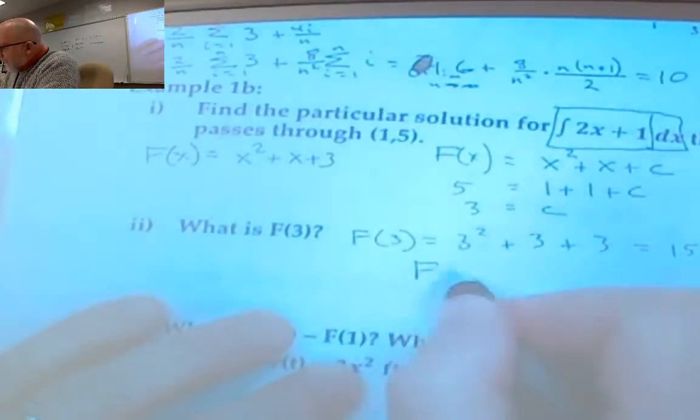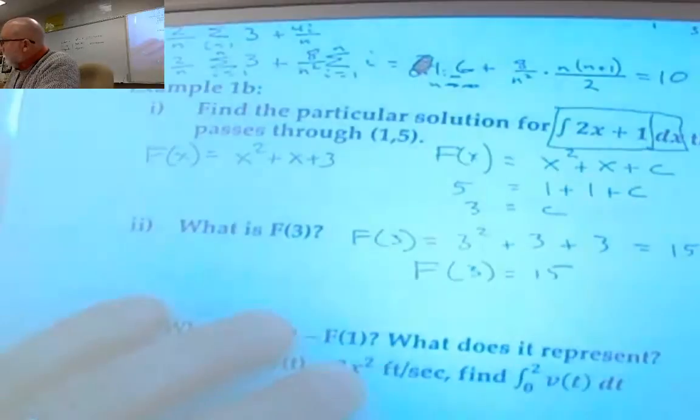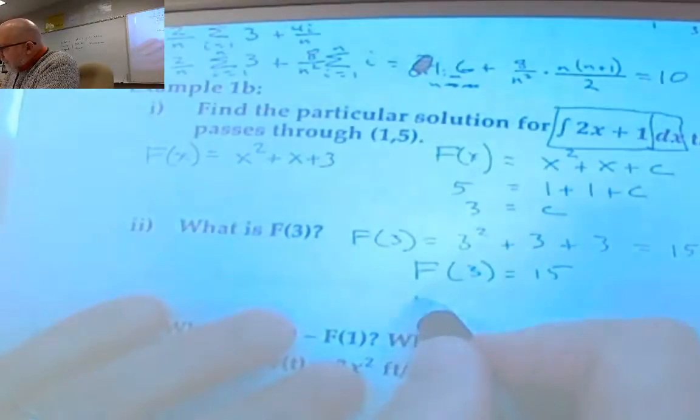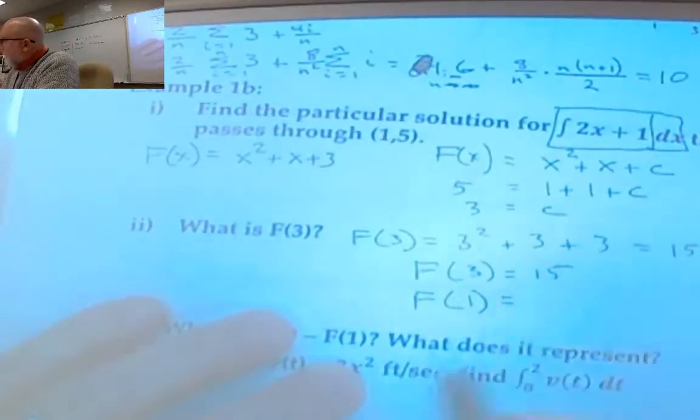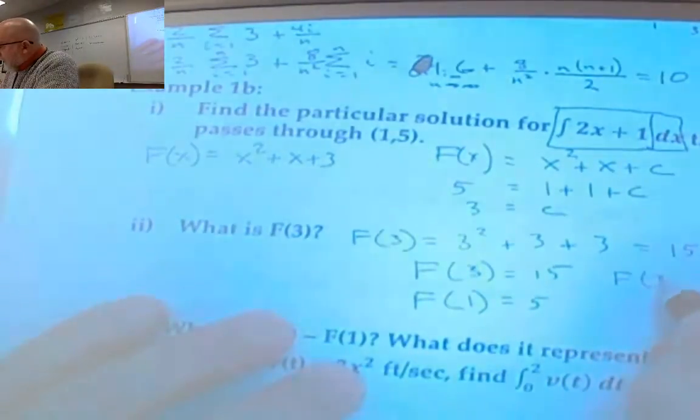So F of 3 equals 15, correct? F of 1 equals what? 5. F of 3 minus F of 1 equals what? 10.